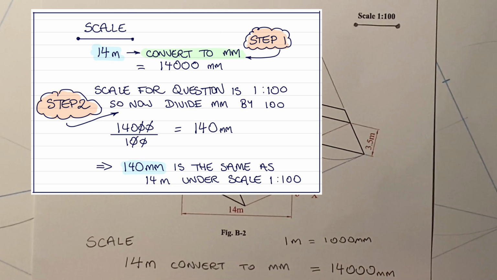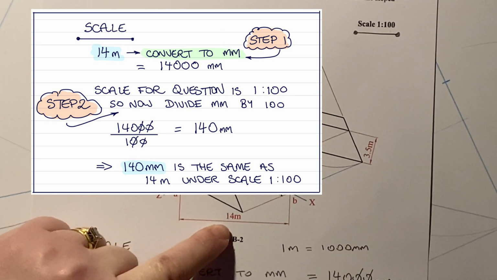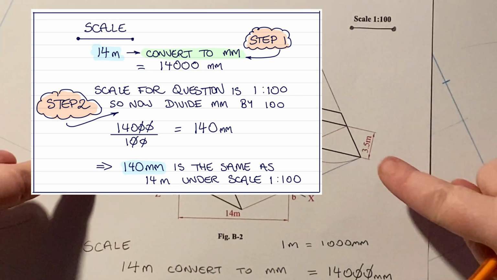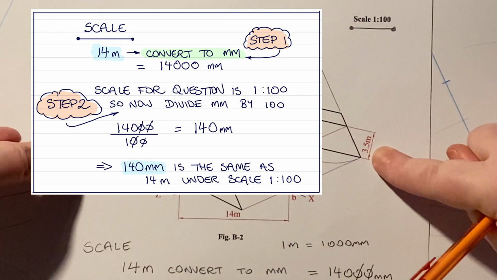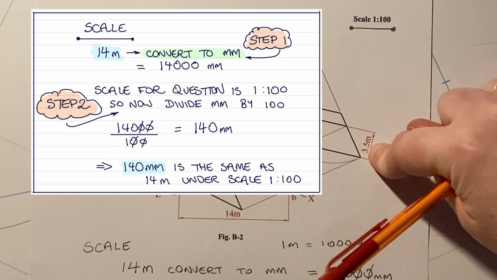So we're dividing by 100. This one is a relatively simple setup because we can cancel out the zeros and it becomes 140. So 14 is 140. Usually once you've got one measurement scaled like that, it becomes easy to do every other measurement. Having said that, there's only two other measurements on it, and actually there's really only one because it's 3.5. So 3.5 becomes 35. All right, so that's that taken care of.